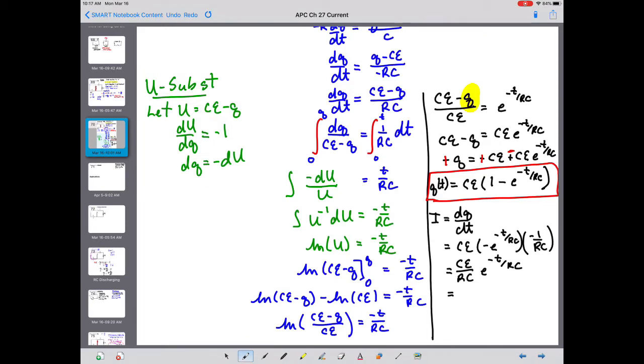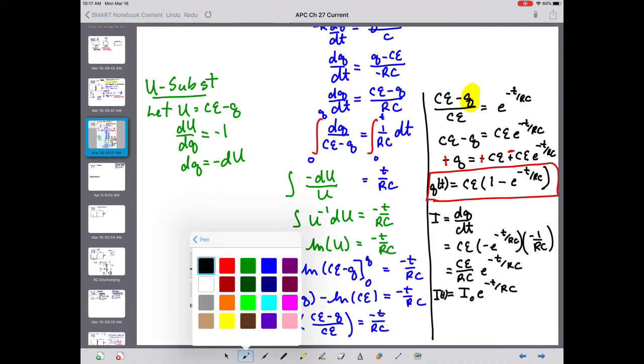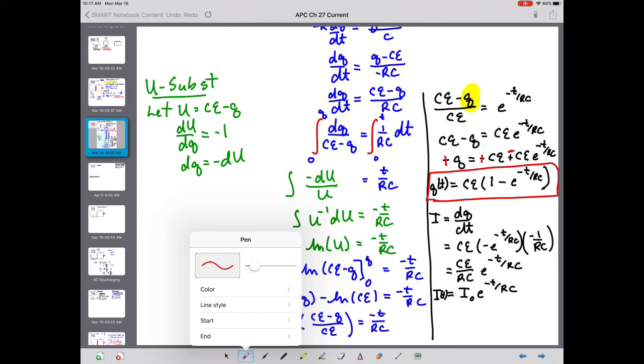My C's will divide out, and then I have an EMF over R. By Ohm's law, that's a V over R, which would be an I. So I'm going to call that I sub 0, and then E to the negative t over RC. And that is our I of t equation.